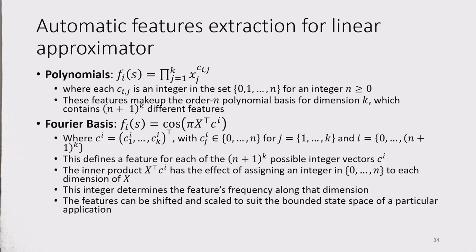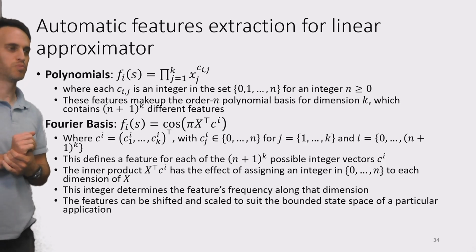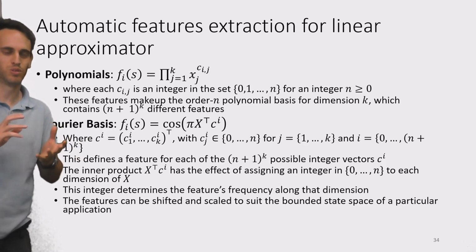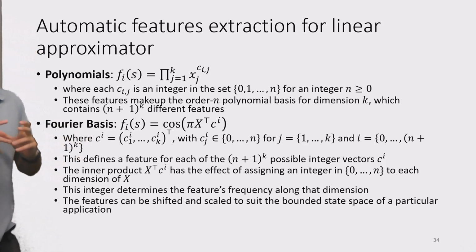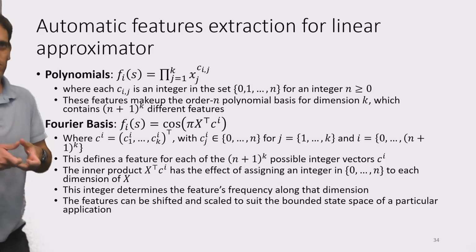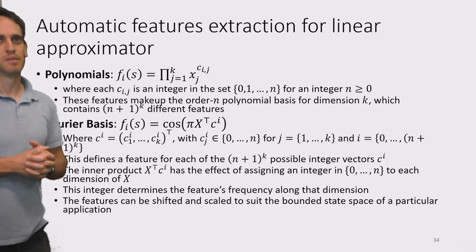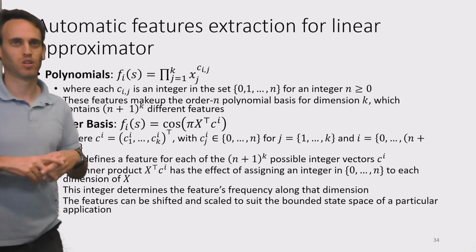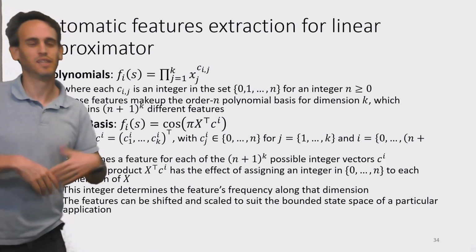Other approaches that were presented rely on Fourier transformations, which are general approximation methods to represent any feature that you'd like, but they usually also represent a lot of irrelevant features.